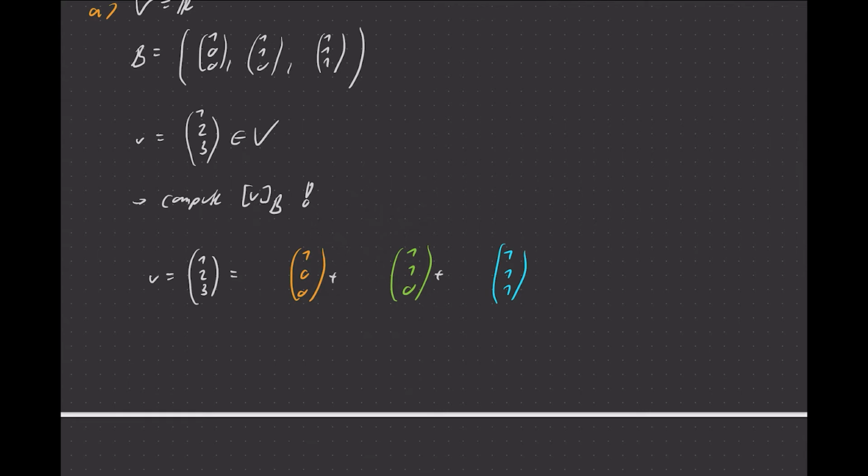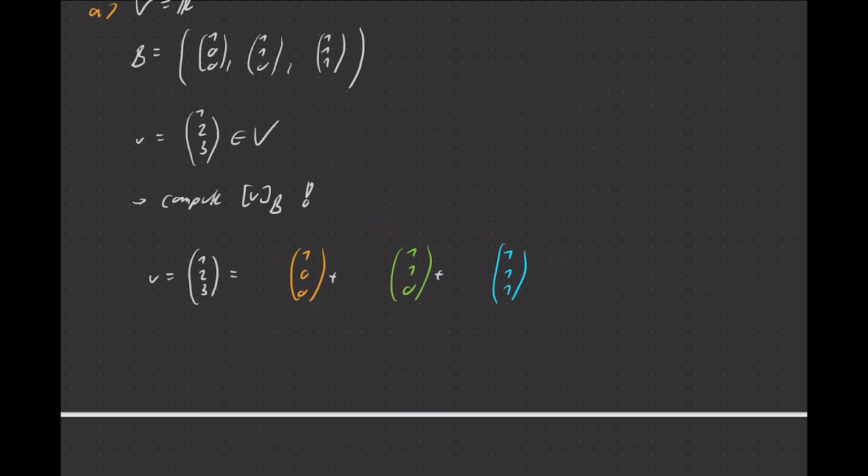And now we're looking for lambdas, for coefficients that we can multiply these vectors with, such that the result of this linear combination is actually V.